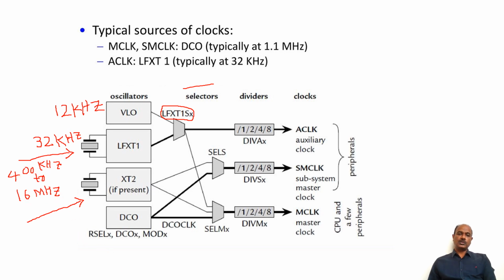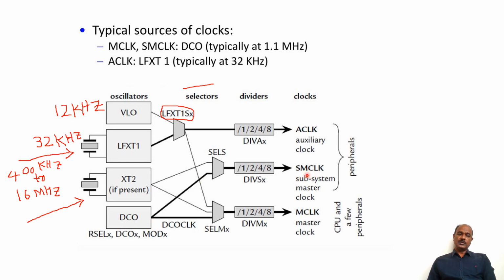So to this XT2 you can connect a high frequency crystal in the range of megahertz, or directly connect an external clock signal of 400 kilohertz to 16 megahertz. Then you can use this to generate SMCLK.